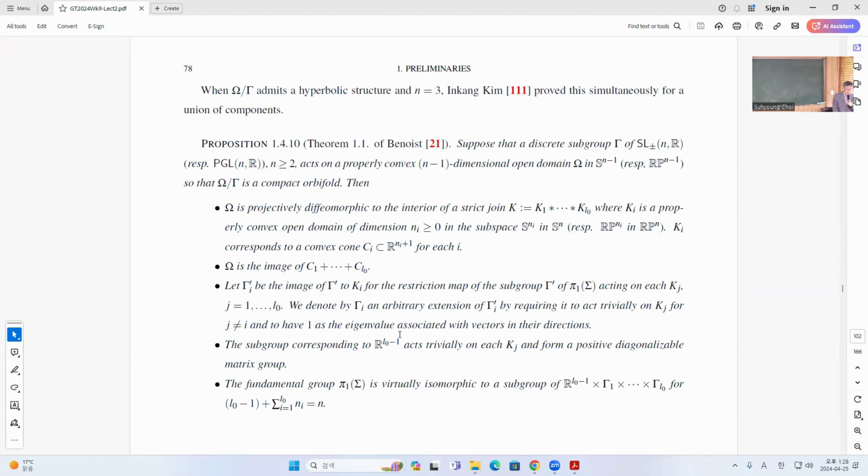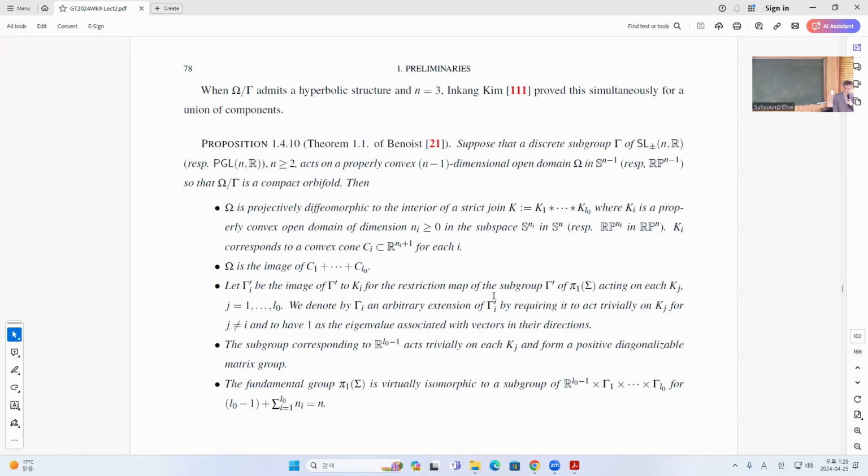Then there is some center, this R^(l-1), which is diagonalizable and acts trivially on each K_j. So the fundamental group is actually a subgroup of this trivial extension.